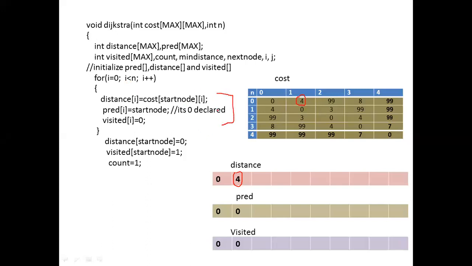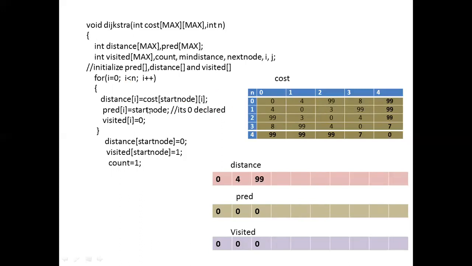If it executes all these three statements, what will happen to the distance, predefined and visited variables? Now we can observe these values will be assigned. Distance will be assigned with 99, predefined will be assigned with 0 and visited will be assigned with 0. After that, once again, the controller will go to the beginning of the for loop and the i value will be incremented.